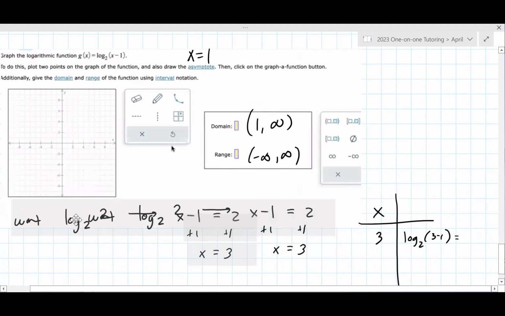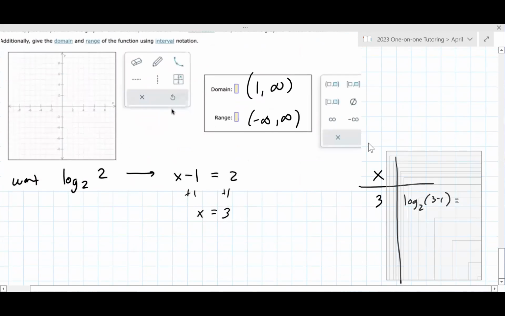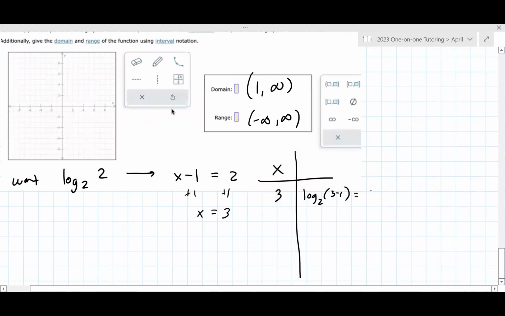So that becomes log base 2 of 2, which is 1. That's your y, so 3, 1. The next thing you want is log base 2 of 1.